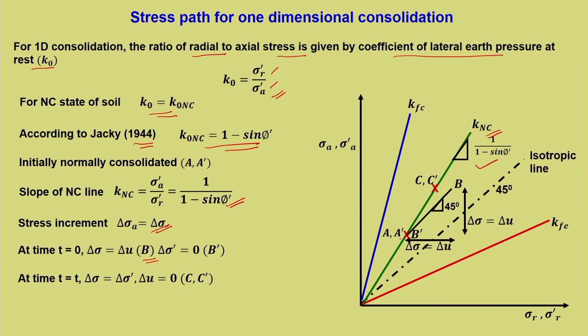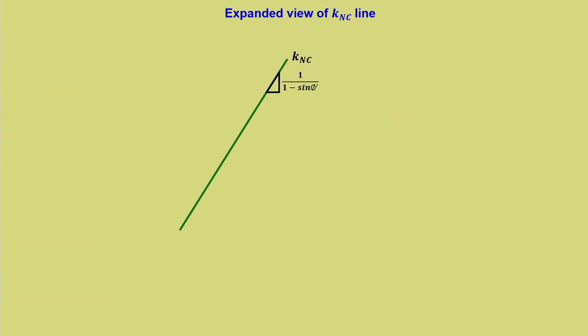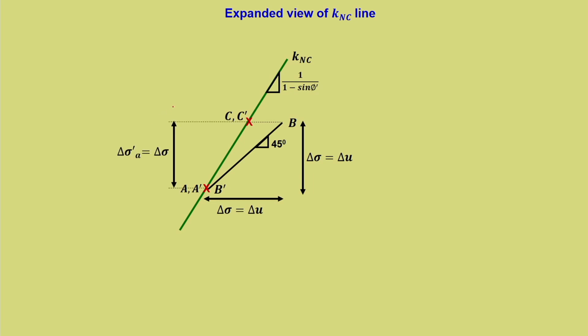The actual stress path is A'C'. So, at time t equal to 0, the TSP is AB, and at time t equal to t, the ESP follows B'C' or A'C'. I am just showing an enlarged version of the K_NC line, with A', AB and C' falling on it. I just want to make this particular point clear.